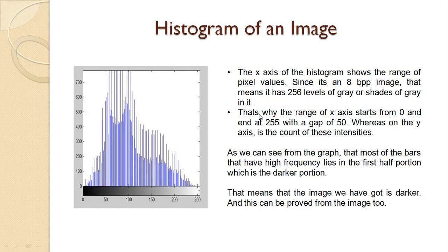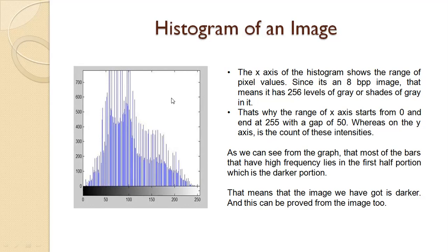And on the y-axis we will show the count of that particular intensity. Here in the histogram of the image, we can see that the first half part is having higher frequency than the second half part.